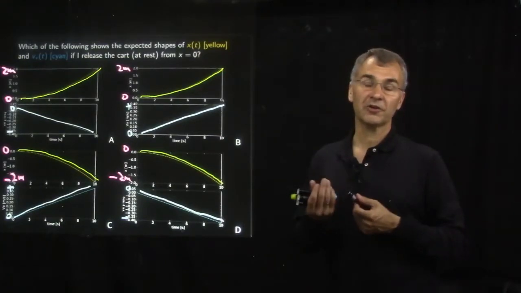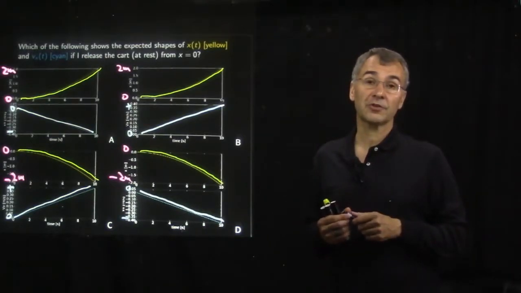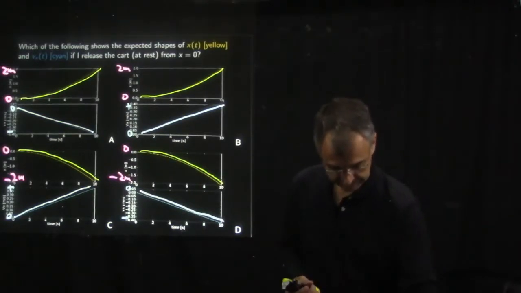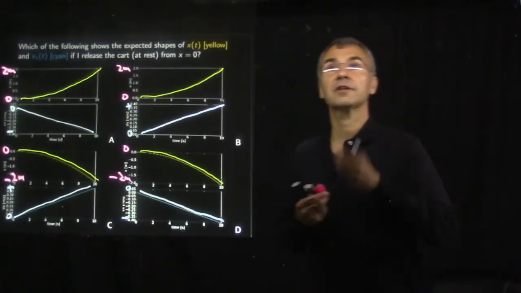So x would start at 0, and I guess the cart goes downhill. I release it from rest. And remember that the x-axis in this problem points downhill.